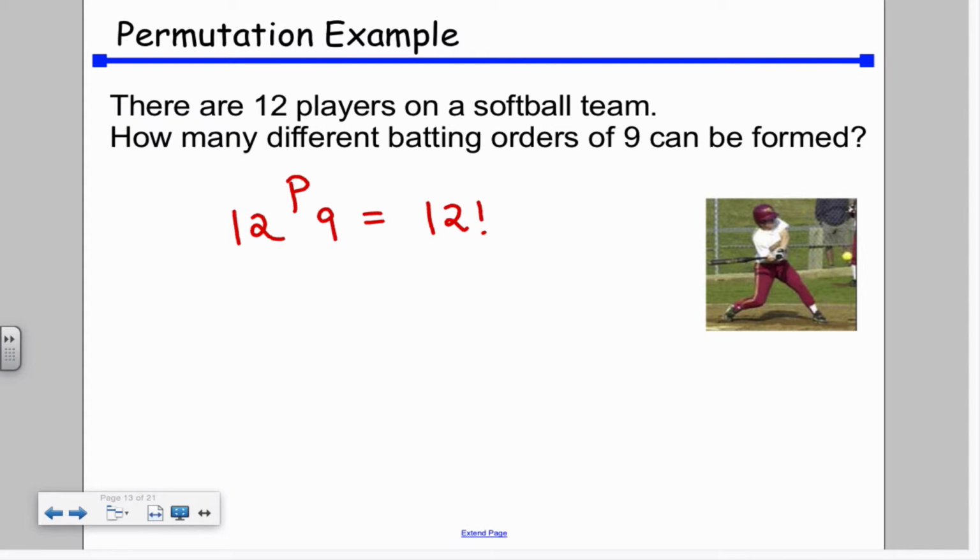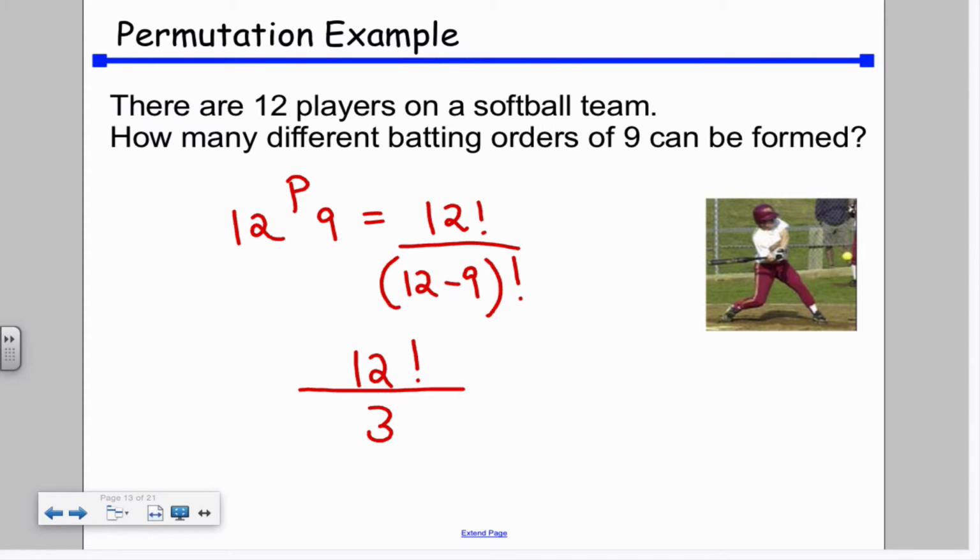So we'd have 12 factorial over 12 minus 9 factorial, or 12 factorial over 3 factorial. Okay, and I'm going to let you guys make that final calculation and check with each other. I will tell you it's a very large number.